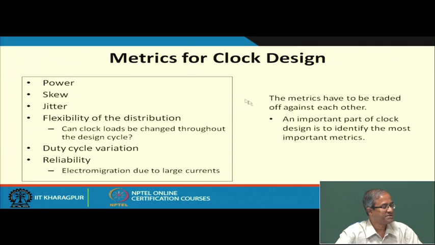Most of these metrics are mutually conflicting, they have to be traded off, and for a particular scenario you have to look at which one is the most important issue for you. For some applications, power can be the most important issue. For high performance circuits, skew and jitter can be very important. For programmable devices, maybe flexibility of distribution is important. So, there can be mutually conflicting issues. Okay.